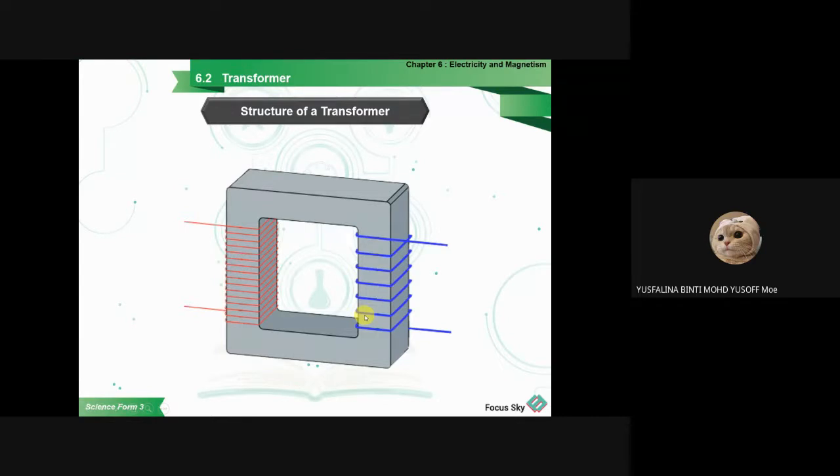And at the same time, when the induced EMF is produced, induced current is also produced. That's why the current flows through the secondary coil. So I explain again. When the alternating current, let's say this is alternating current here.